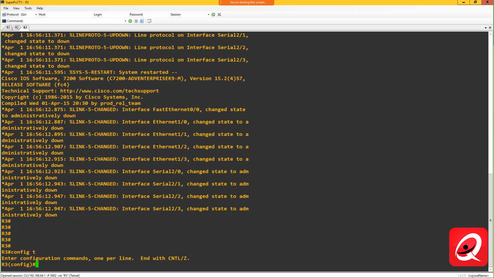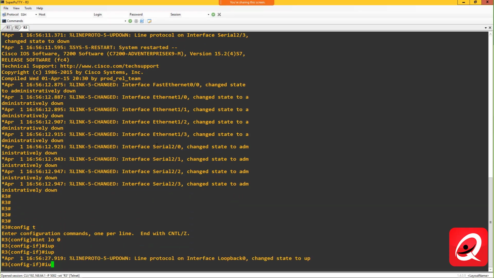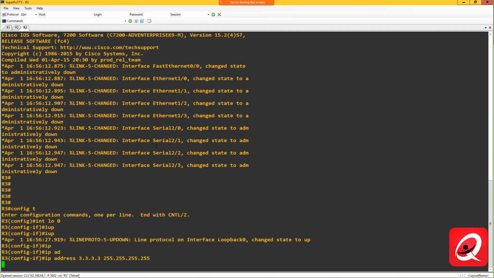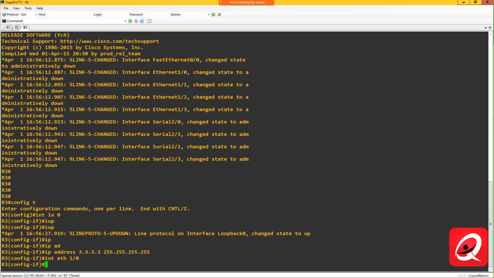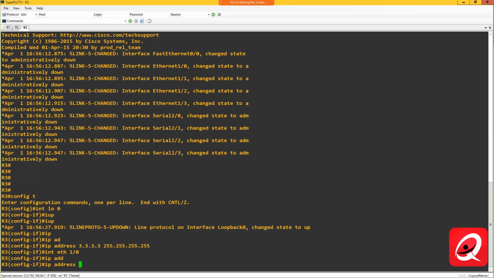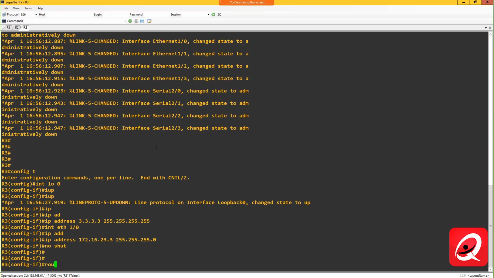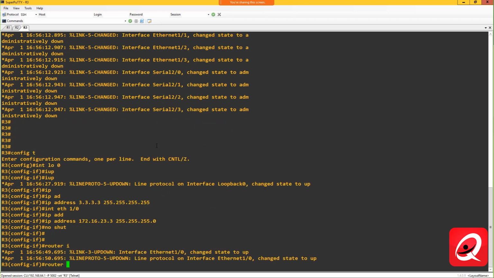Config T. Interface loopback 0, IP address 3.3.3.3, 255.255.255.255. Interface Ethernet 1.0, IP address 172.16.23.3. No shut.